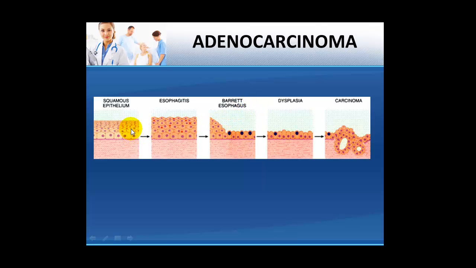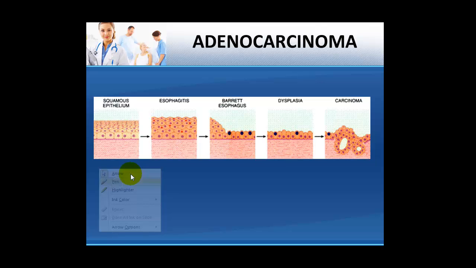You have a squamous epithelium, you have esophagitis in the form of reflux esophagitis or GERD, and slowly it will have metaplasia. The squamous cells will be replaced by these columnar cells, and these columnar cells will have certain areas of dysplasia. Now when this moves from this stage towards this stage and finally towards this stage, it should accumulate a lot of mutations, right?